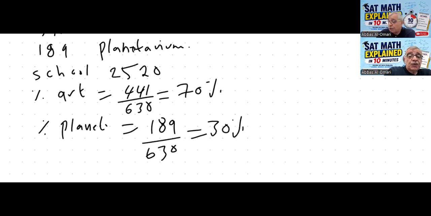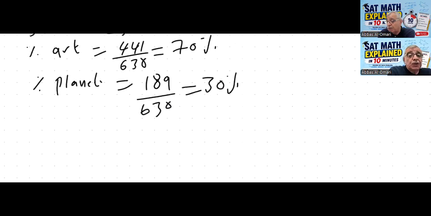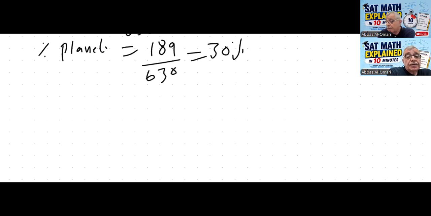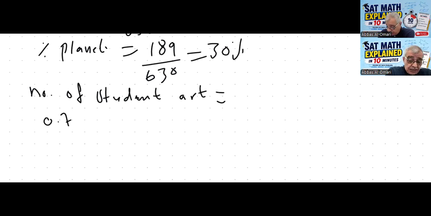So now the number of students who are expected to go to an art museum equals 70%, 0.7, times the number of students at the school, which is 2520.